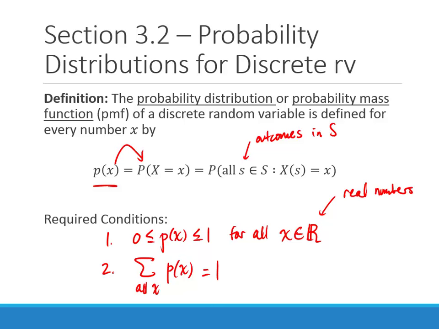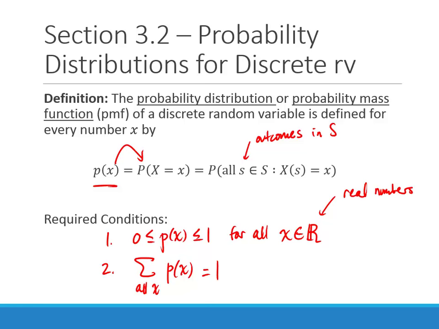You can't have a probability bigger than 1. So if we add up all these lowercase p of x's, we should get 1. So that should make sense based on our previous discussion of probability. Okay, so this is what we're calling our probability mass function, our PMF.